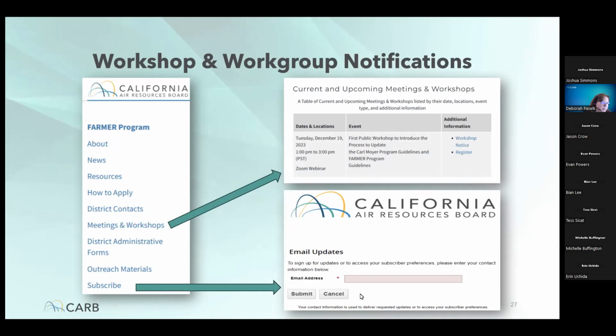The Moyer work groups will be held with the air districts, and as Evan said earlier, the farmers work groups will be held with air districts and include visiting parts of California. Additionally, prior to the guidelines going out in June, each of the programs will have its own public notice comment period, and we'll be announcing that on these websites. Next slide.